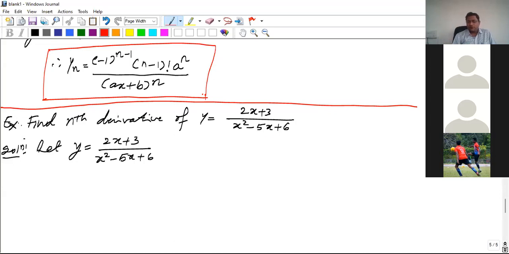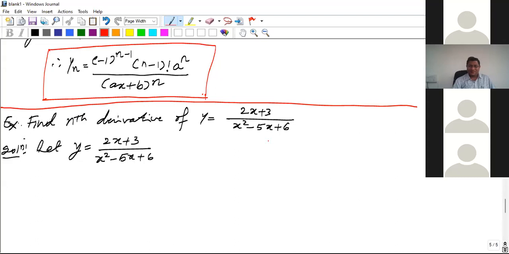Remember one thing: whatever formulas we have seen up to 8, first try to apply those, and if no formula is applicable, then find a few derivatives and try to generalize. Now see the denominator. Can you factorize it? (x minus 3)(x minus 2).